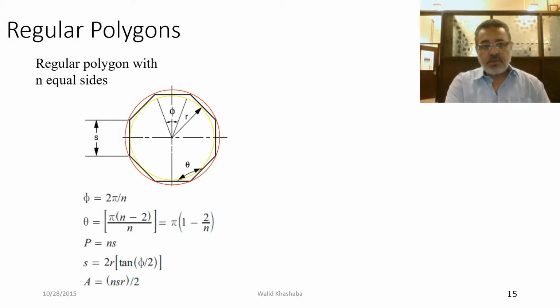These rules are to find theta and phi, to find the perimeter of the polygon and the area of the polygon, also to find the side of the regular polygon. But the word regular is very important because it tells me that this figure is equilateral and equiangular at the same time.